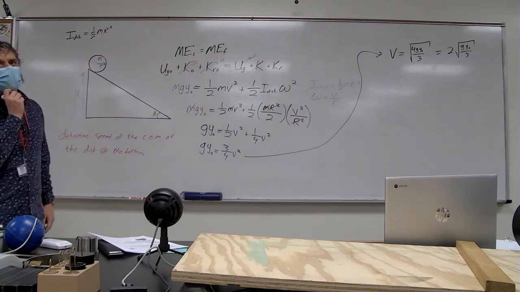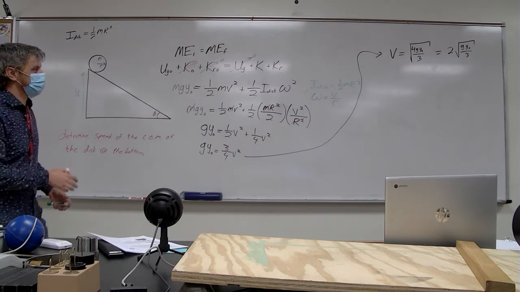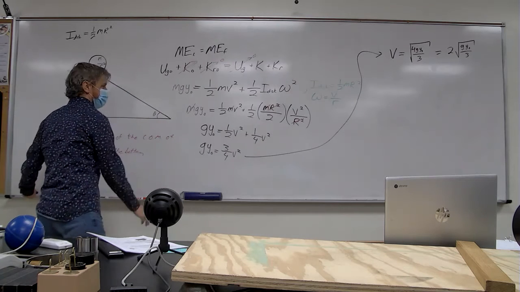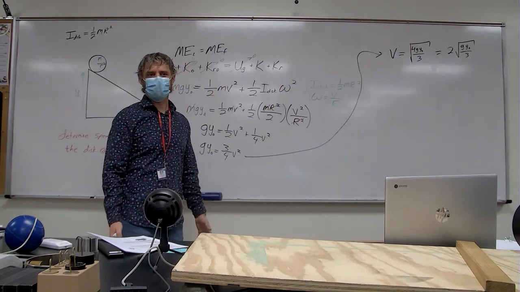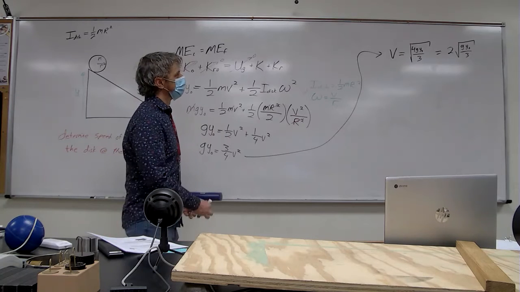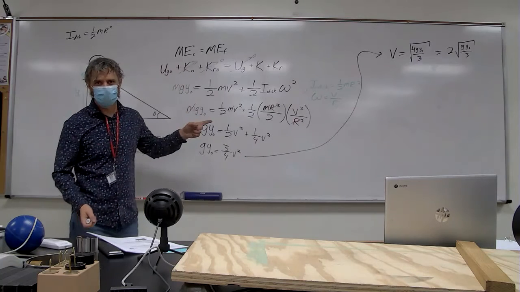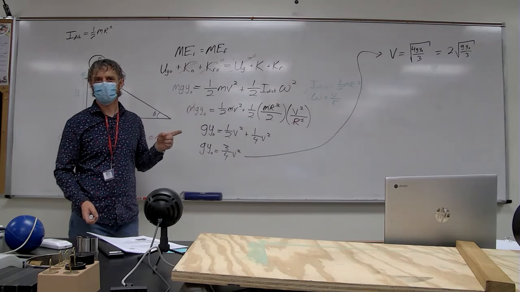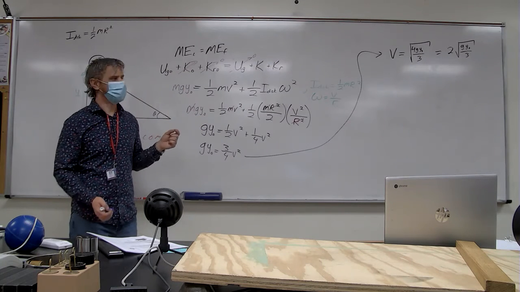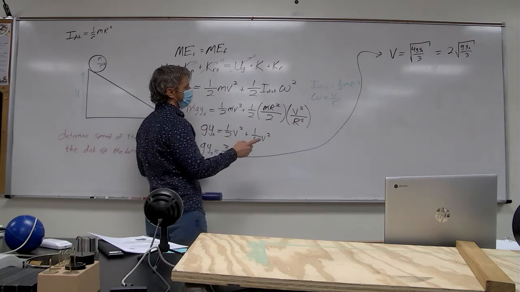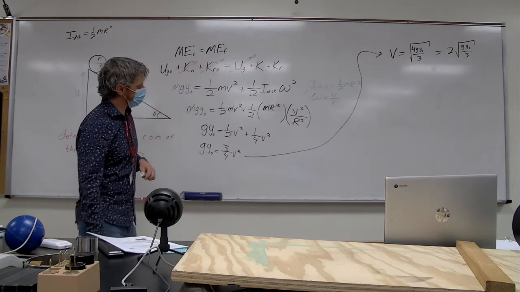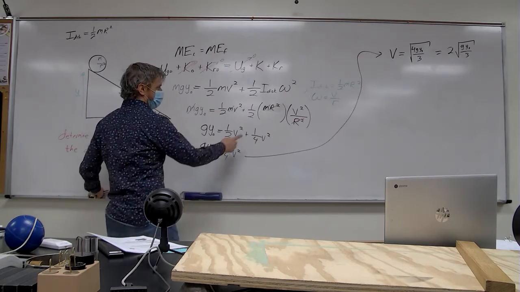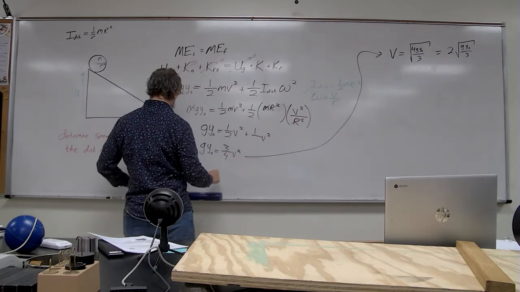Now if, let's say an if here, let's make modifications in blue. Let's say I had a hoop. The hoop moment of inertia is what? mr squared. So if this was a hoop, this 2 wouldn't be there. And if that 2 wasn't there, this would still be a 2.